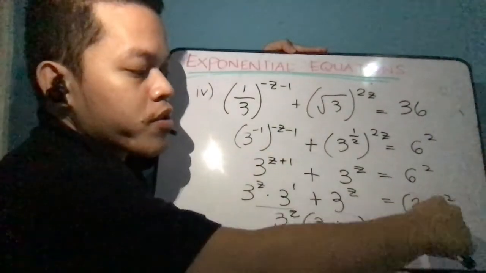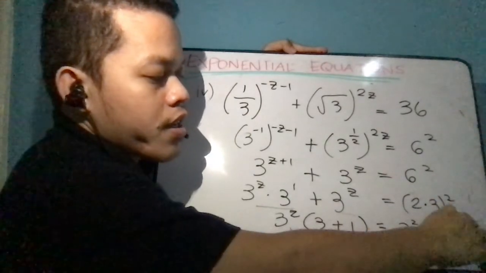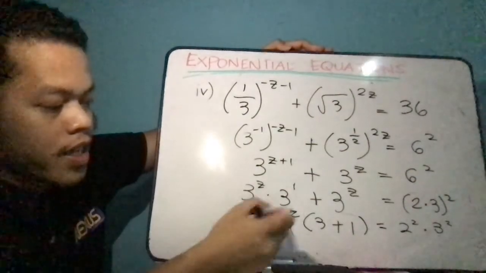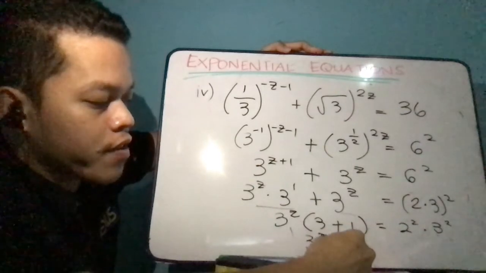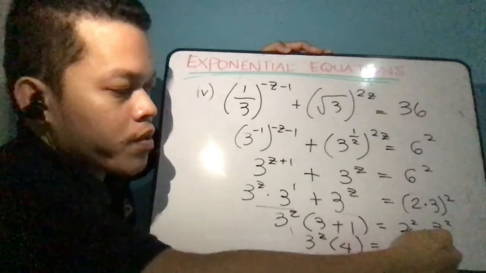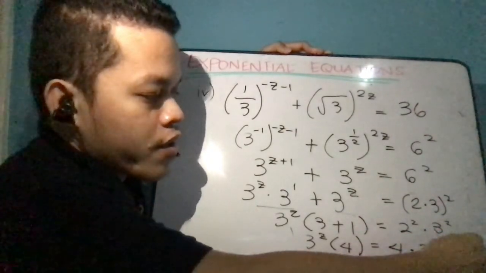And we can distribute the 2 here, giving us 2 squared times 3 squared. 3 plus 1 is equal to 4. So basically, this is equal to 3 to the z times 4 equal to 4 times 3 squared.